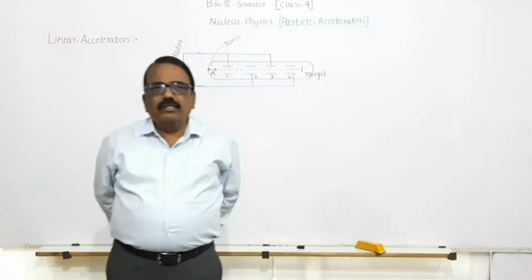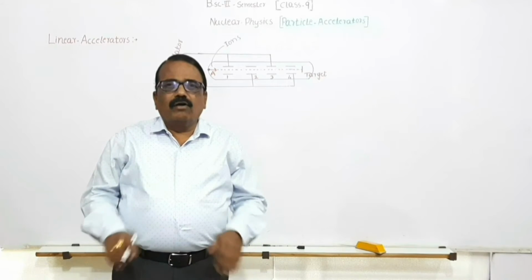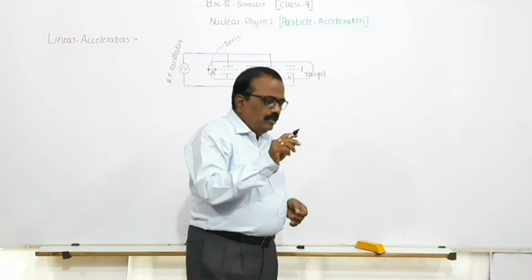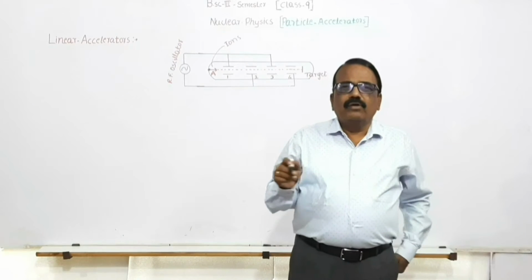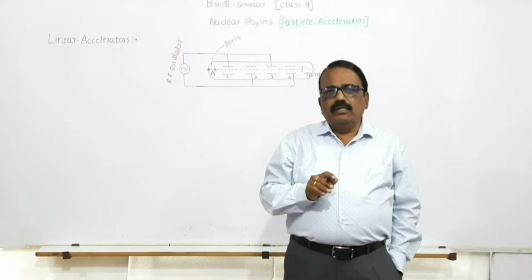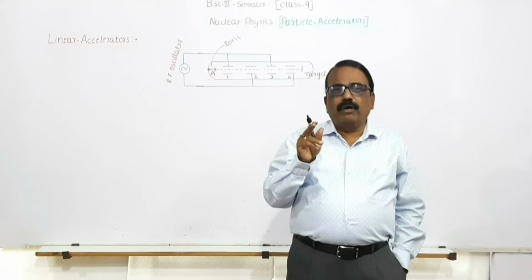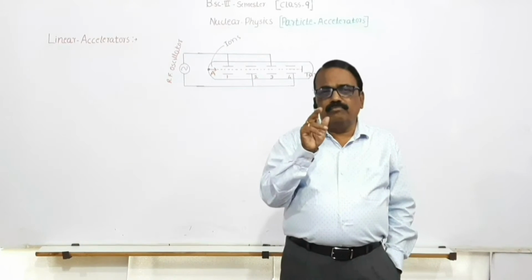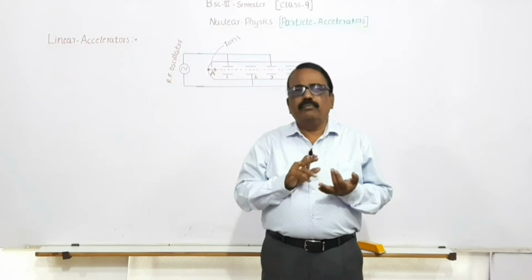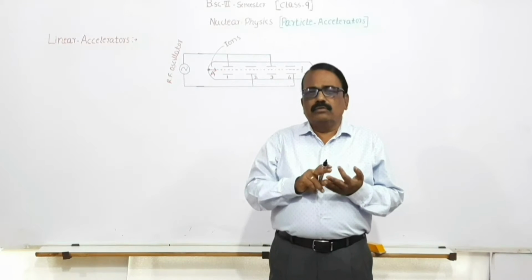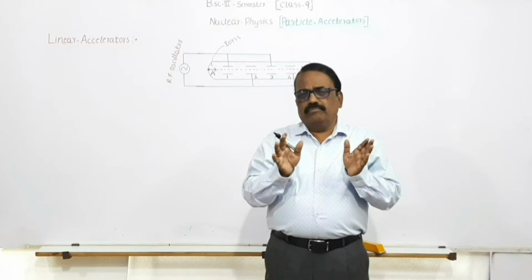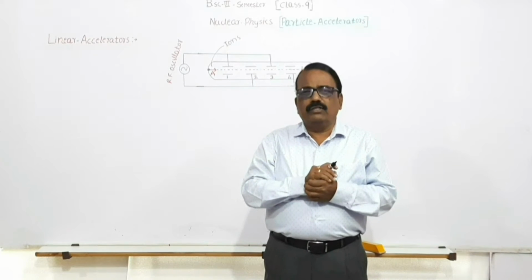Then accelerators are of two types. One is linear accelerator, another one is cyclic accelerator. Depending upon the path along which the charged particle travels, such as alpha particle, proton, neutron, electron, their energy should be increased.